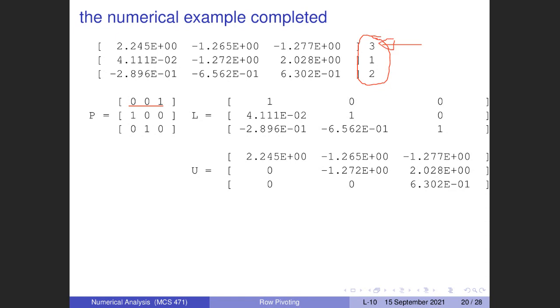Then we have a 1, and then we have the 2. We copy the upper triangular elements and we copy the lower triangular elements. If we have saved the original matrix, and we did, then we can verify that P times A will lead to L times U.